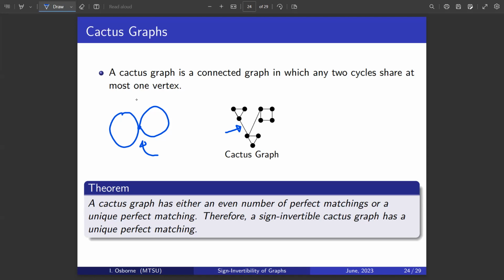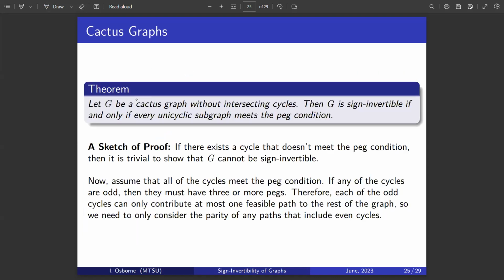Okay, so once again, there are no cactus graphs that are unimodular without a peg. So we can go ahead and immediately start looking at cactus graphs with pegs. With cactus graphs, these actually work out to be much nicer than the other families. It is going to be sign-invertible if and only if each unicyclic subgraph meets the peg condition.